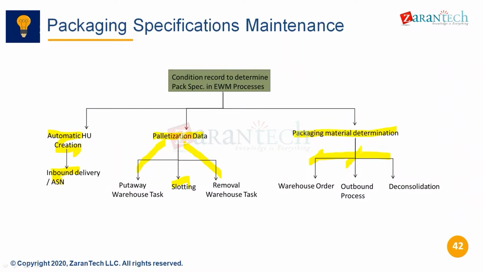We create a container as a pallet, or the quantity has to be sent into a special pallet. So here handling units are not getting created, but the system proposes a packaging material. In case of deconsolidation also, deconsolidation is... You are talking about the TU.